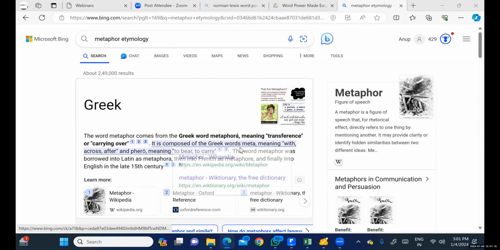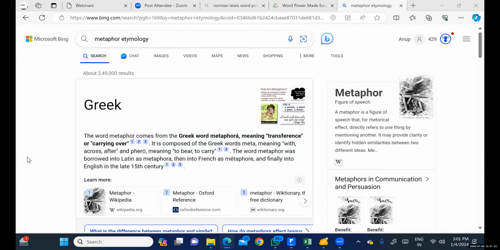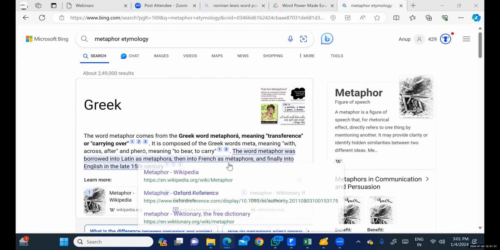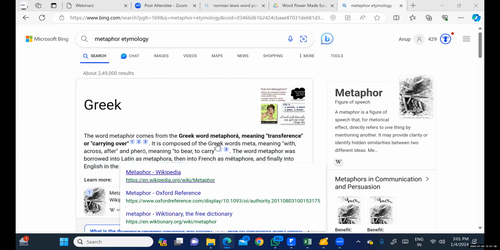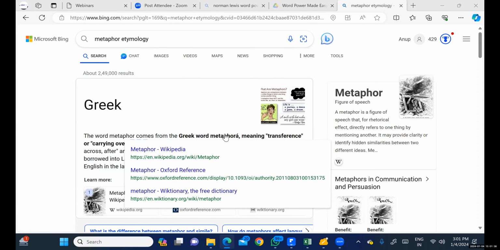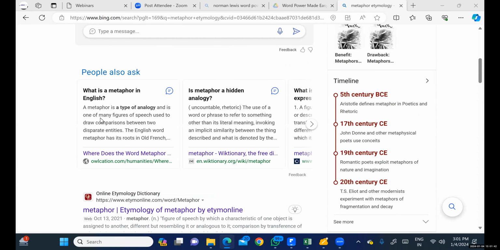It is composed of the Greek words meta, meaning across, and pherein, meaning to bear, to carry. It was borrowed into Latin as metaphora, into French as metaphore, and finally into English in the 15th century. So carrying over, transfer, change. This is the meaning of metaphor.